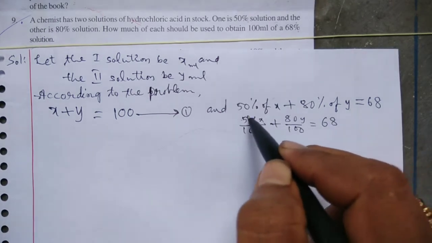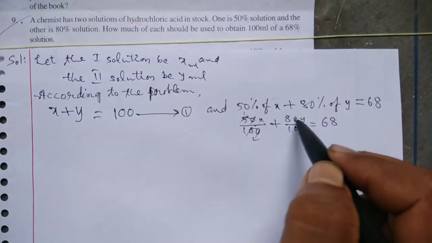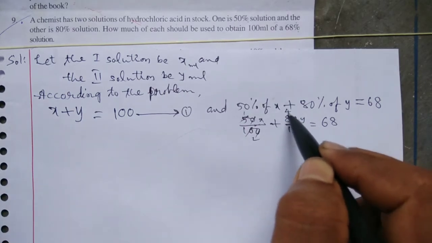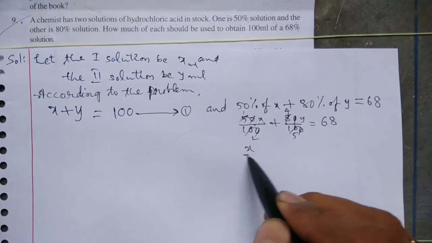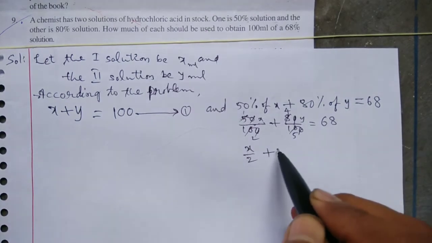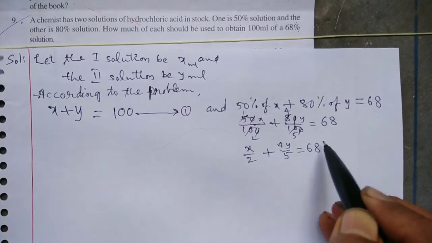The zeros get cancelled, 5 1s are 5, 2 4s are 8. So x by 2 plus 4y by 5 is equal to 68.